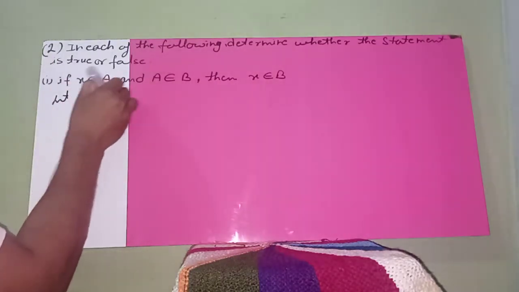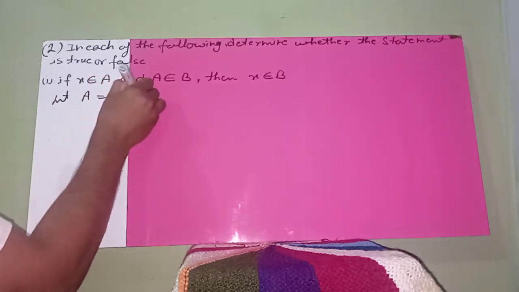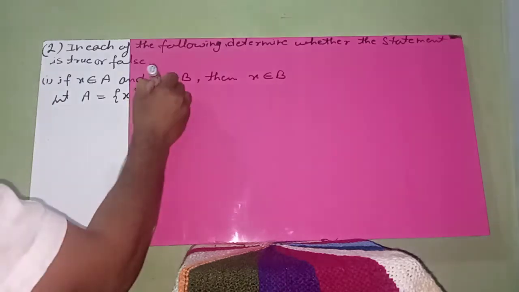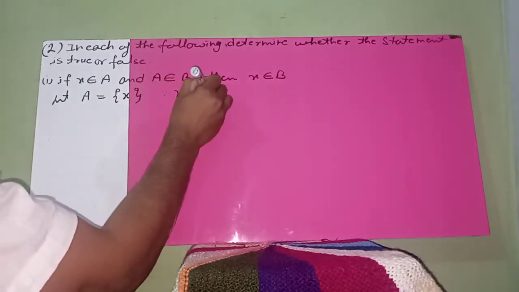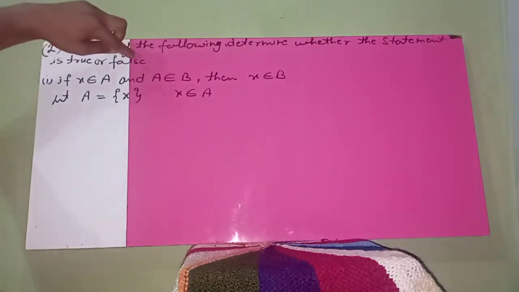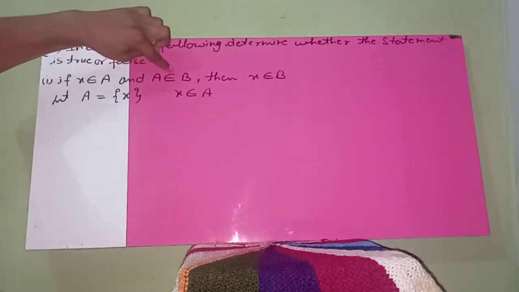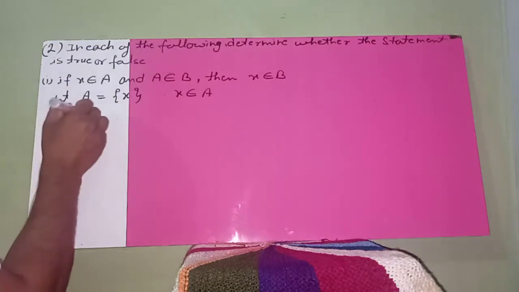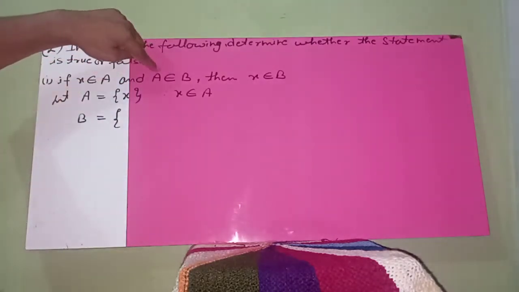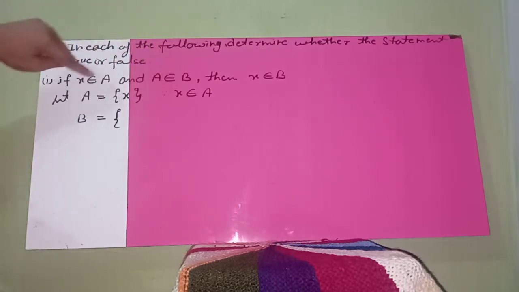Okay, so I check. Let set A equal, that is set x. Now because x is the element of set A, I take here one element, that is x. After that, set A is the element of set B, and in set B you have one element, that is set A. It means set A is set of x.